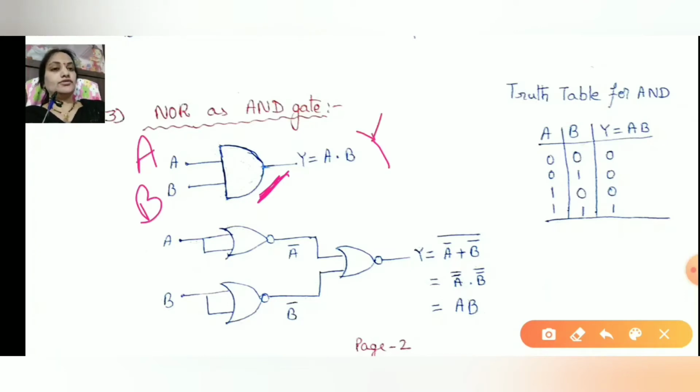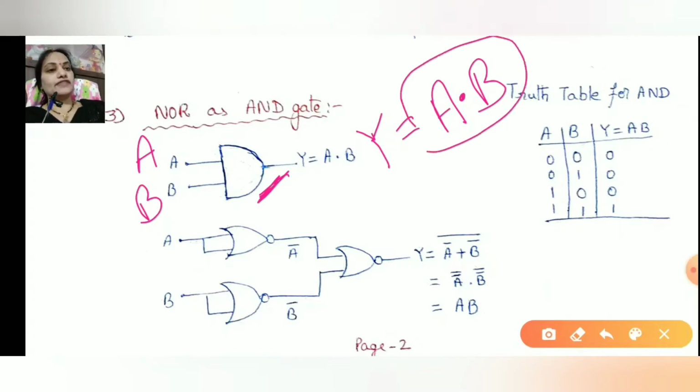So output y is equal to the product of the two inputs, that is A and B.